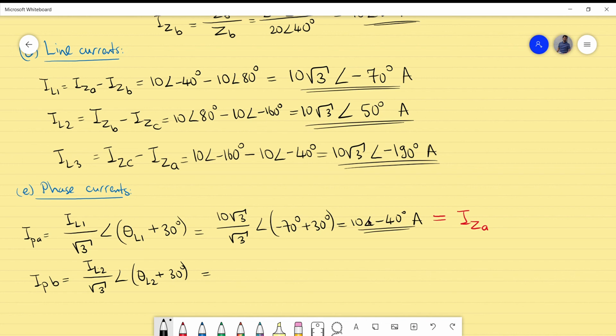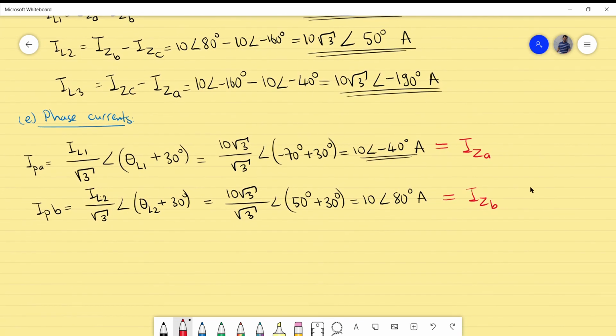So if I substitute all those values in my equation, the 50 degrees plus 30 degrees will result in 10 phase 80. And again, what do we observe here? This is the load current IZ of B. So we end up again in the load current using the phase current.